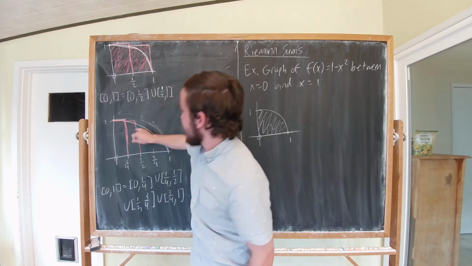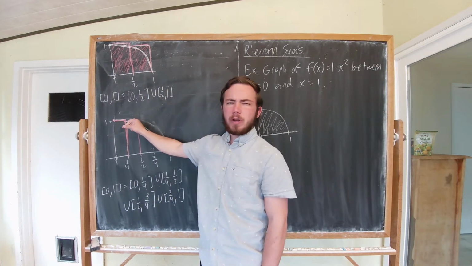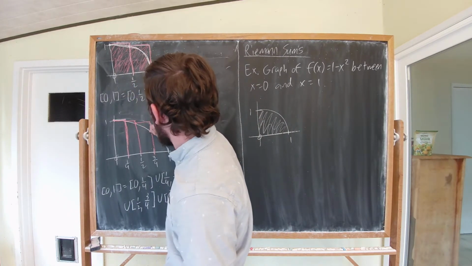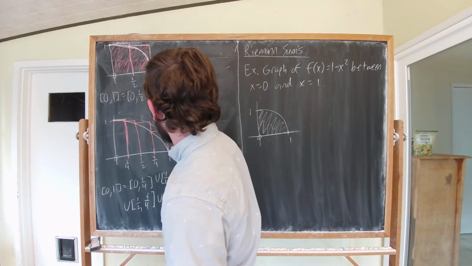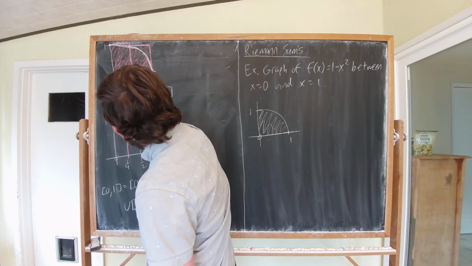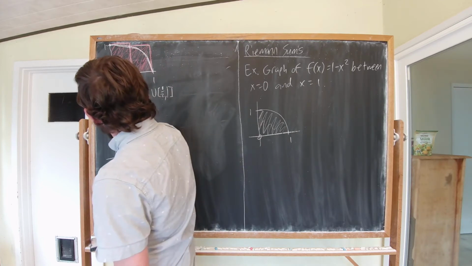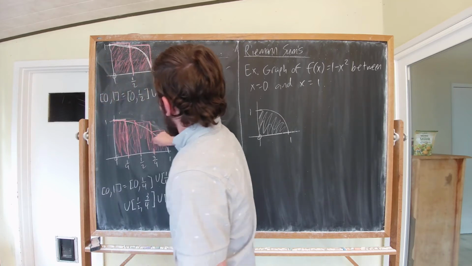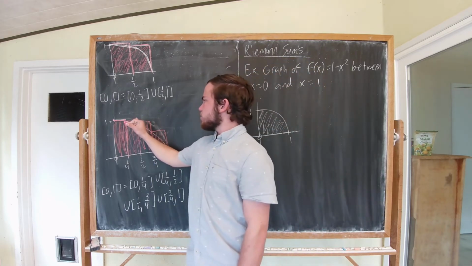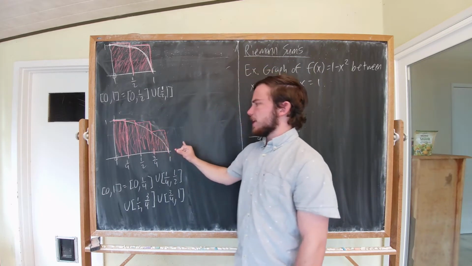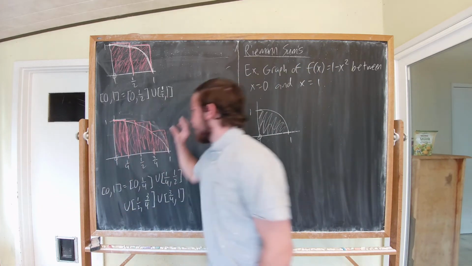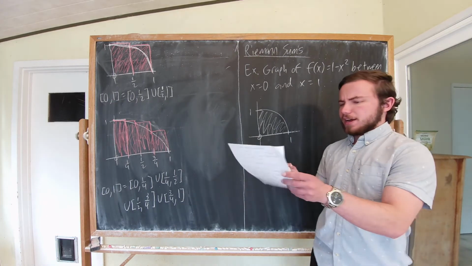Then same thing. The height of the rectangle is the intersection of x equals 1/2 with our graph. 3/4, and then same thing right here. So we still have some amount of overshoot, but in general, it looks like that overshoot is getting a little bit smaller. So what is the area of each of those two examples?